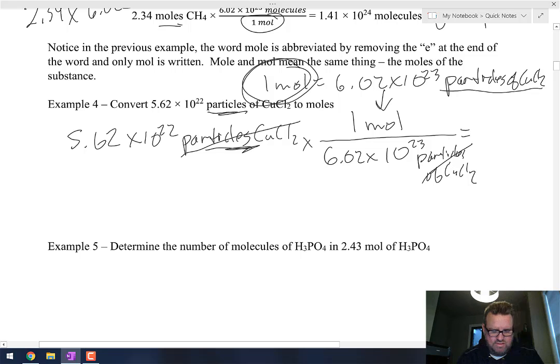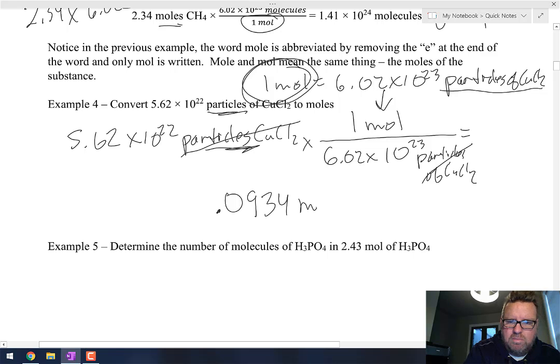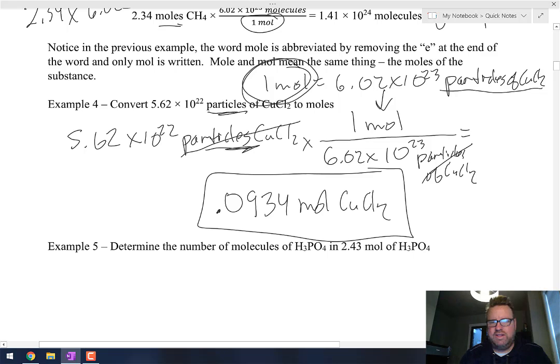All I have left is moles. So now I can go to my calculator, 5.62 times 10 to the 22nd, divided by, and again, you can multiply by 1, but you don't need to because it gives you the same answer. So then I just divide by 6.02 times 10 to the 23rd, and I get 0.0934 moles of CuCl2, and that is my final answer.